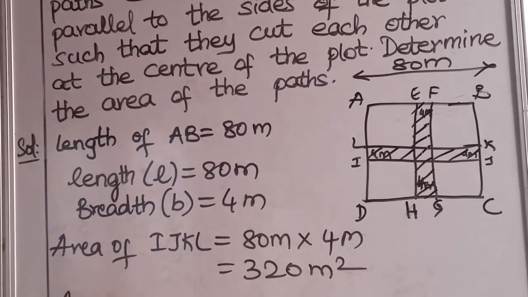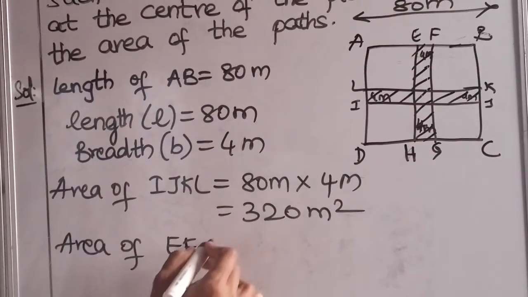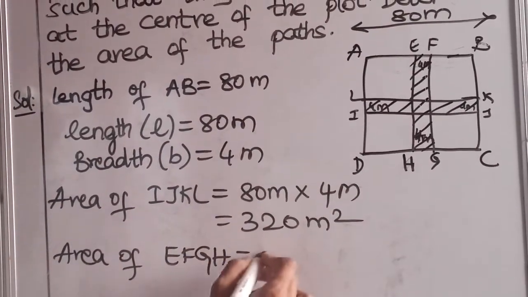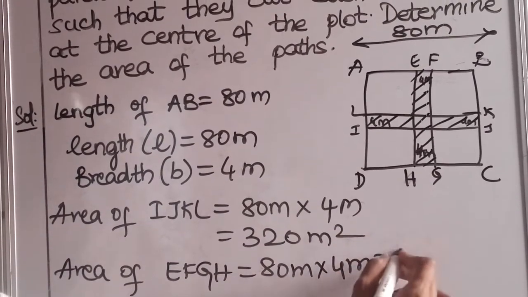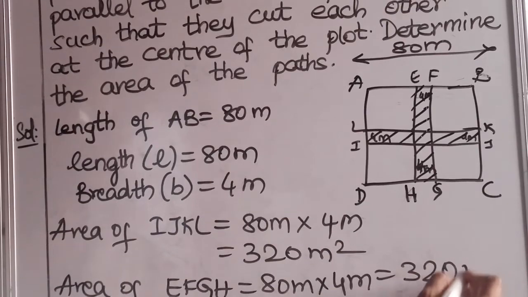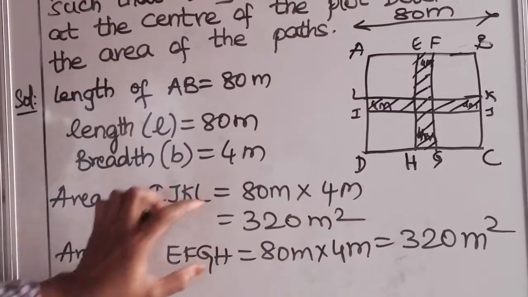So area of EFGH also will be equal to 80 meters into 4 meters, which is equal to 320 square meters. These two are same. Now you found out this.